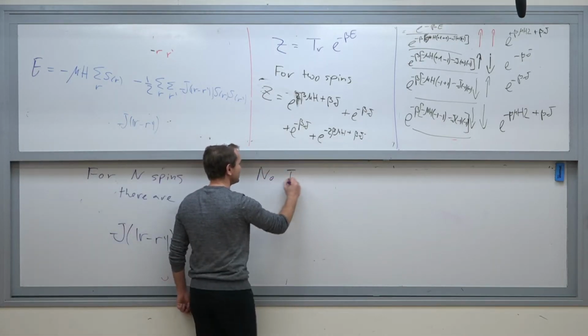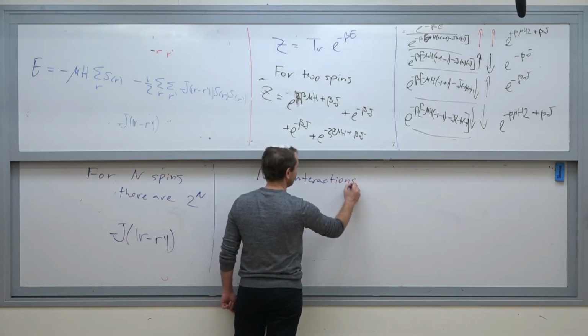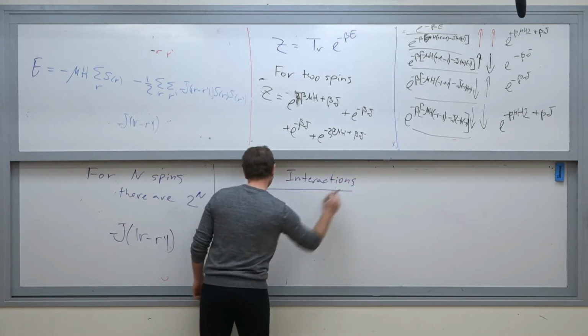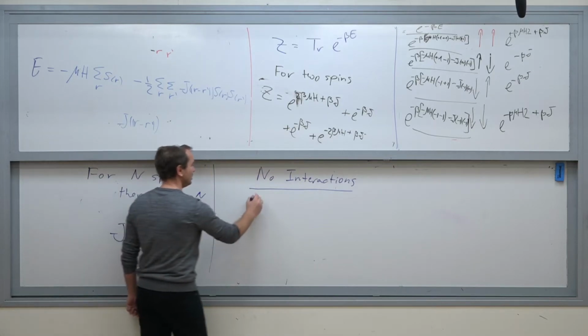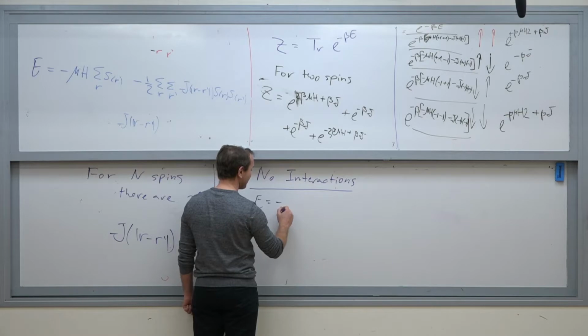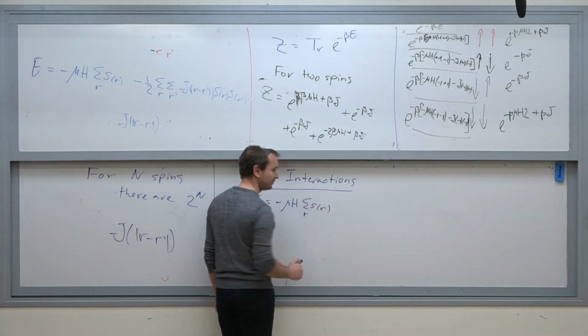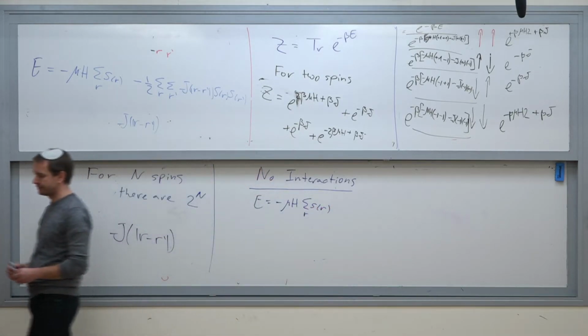So no interactions. For no interactions, E is simply minus mu h sum over r of s of r.